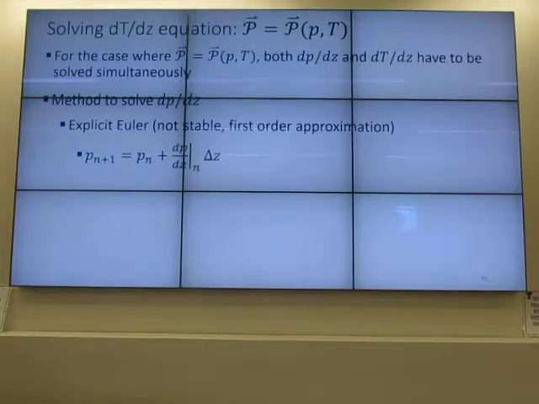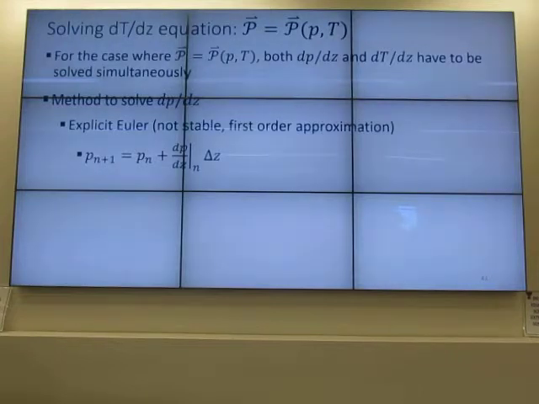We can easily solve it by jumping a shorter distance. Instead of jumping 10 miles, let's jump 0.01 miles. Then it may work. There's a better and more stable way, maybe implicit Euler or RK4, RK45.